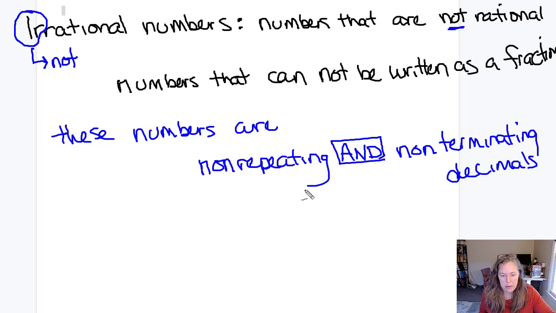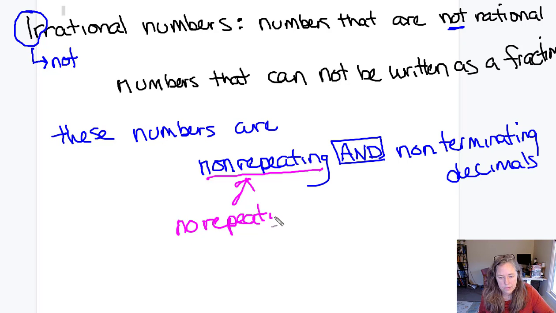Non-repeating means there's no repeating pattern, and non-terminating means it never ends.